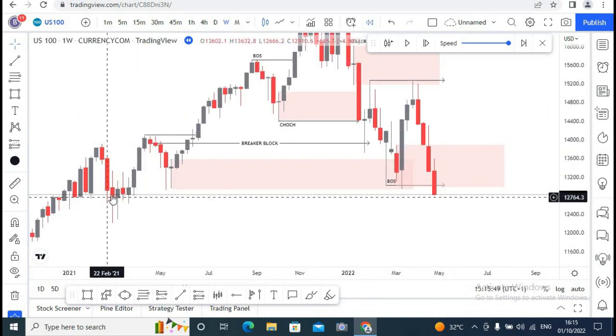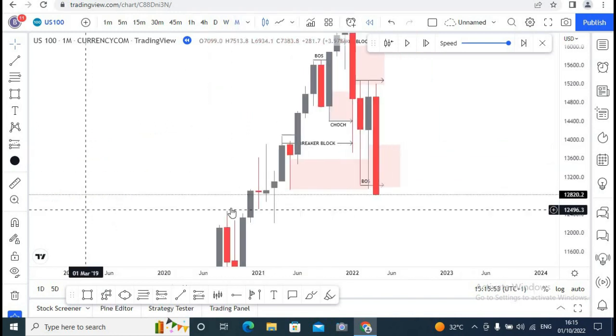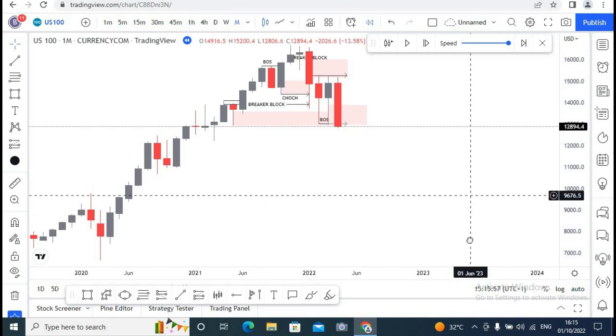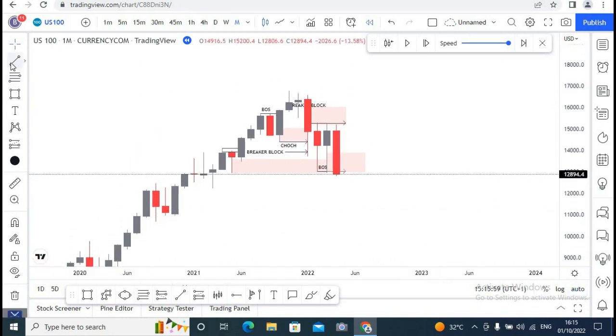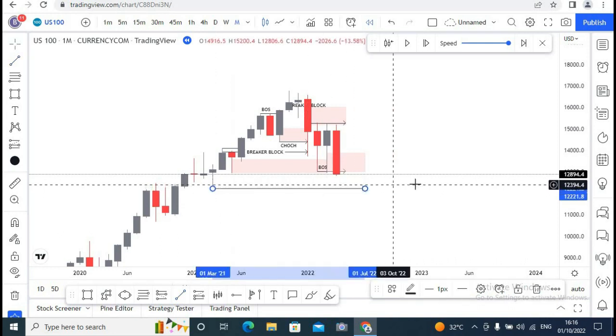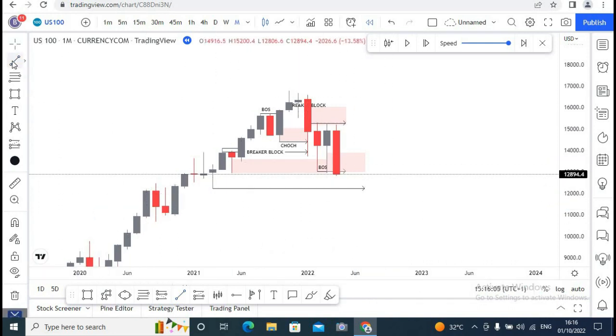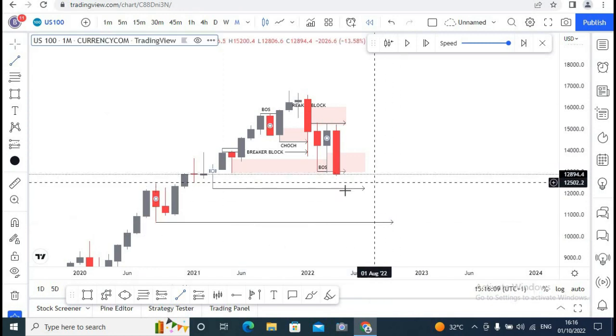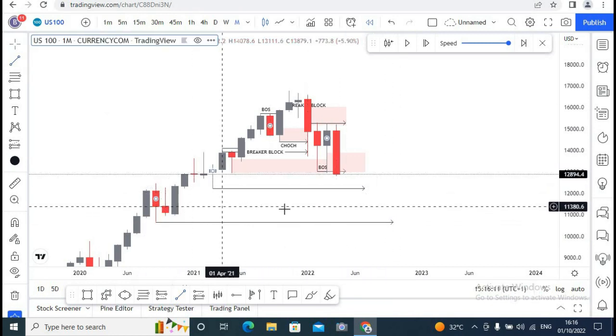We also have a demand level right here. So if we go back to our monthly time frame, it will be something like this, guys. So this means that if price fails to hold, this zone will also be taken out. So this will be the next demand level, which you now keep an eye on to see if price can hold.